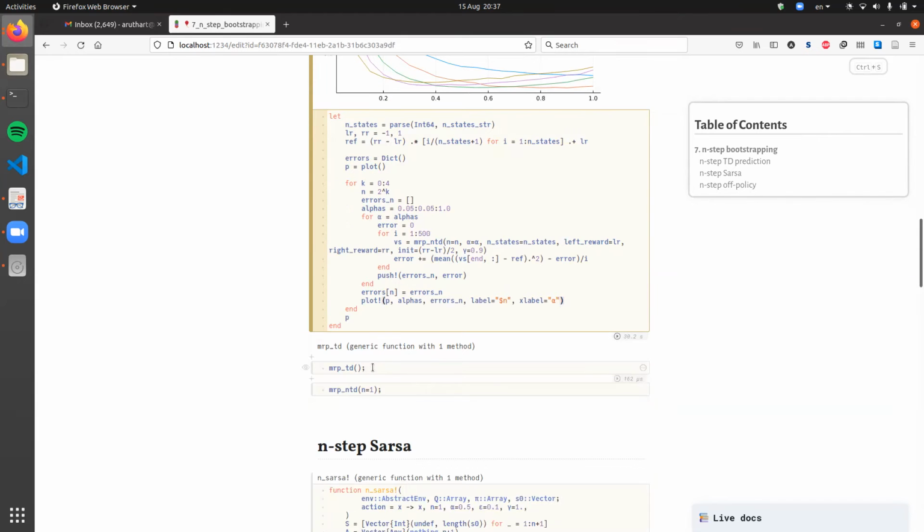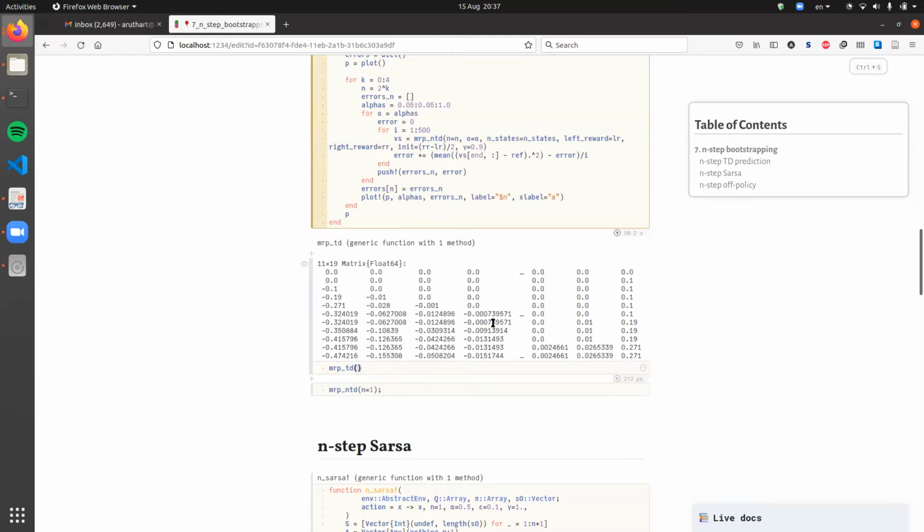And another thing I wanted to try out here was to have a look at this history of how the values are updated, and this is using the regular TD method. So here are the value estimates for time step 0.